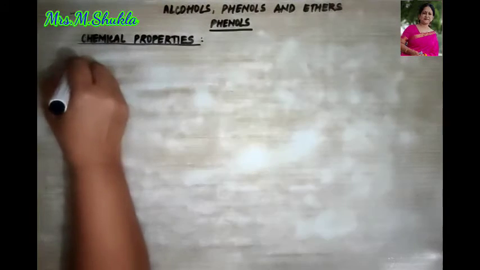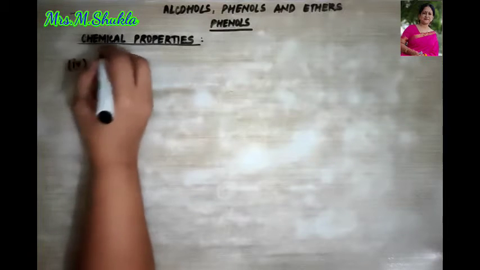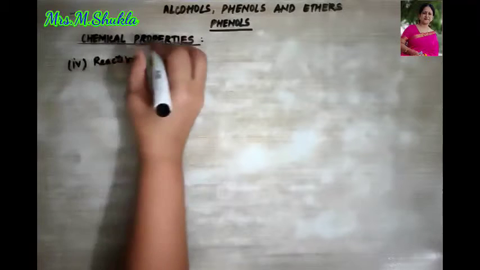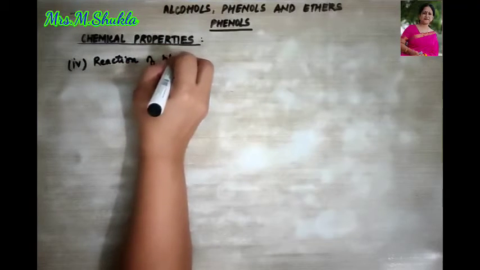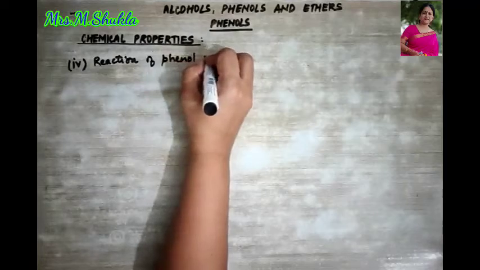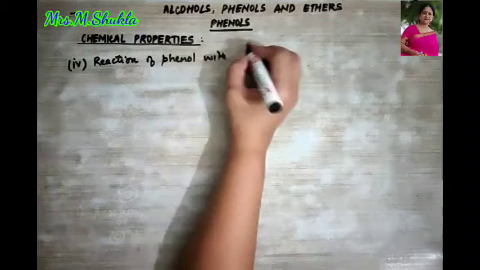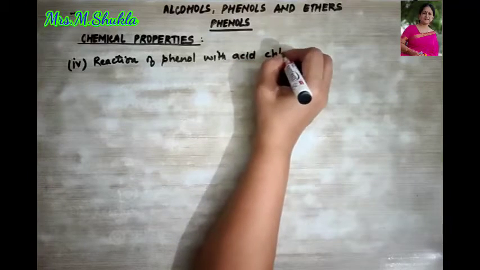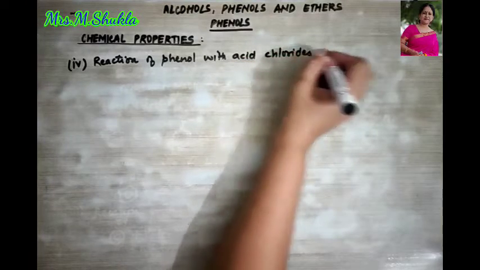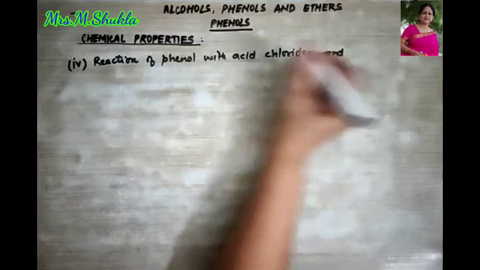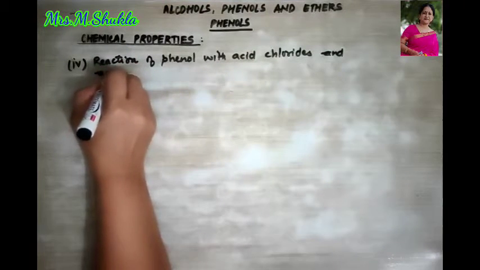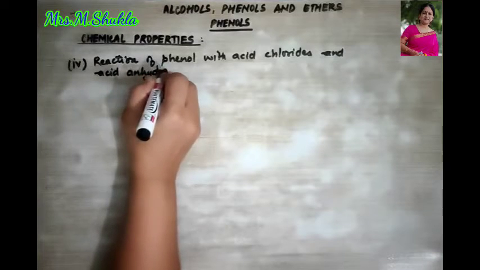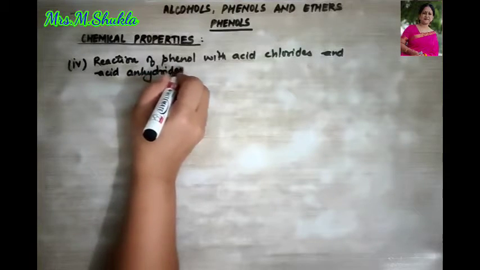Next, now let us look at the fourth reaction, that is the reaction of phenol with acid chlorides and acid anhydrides.